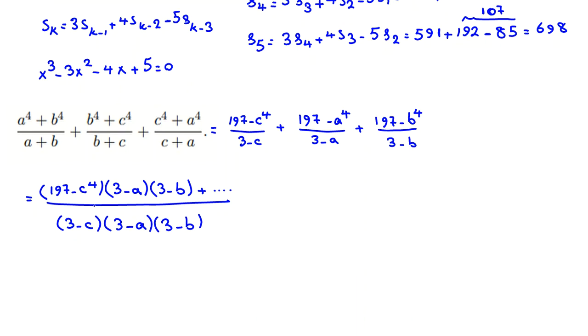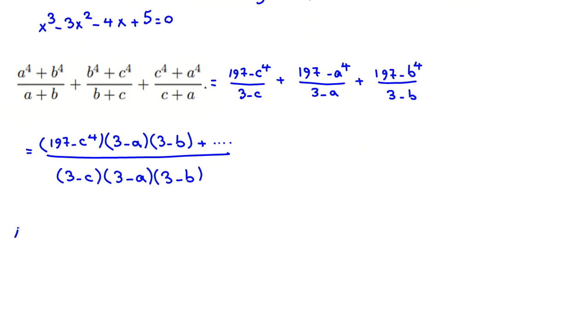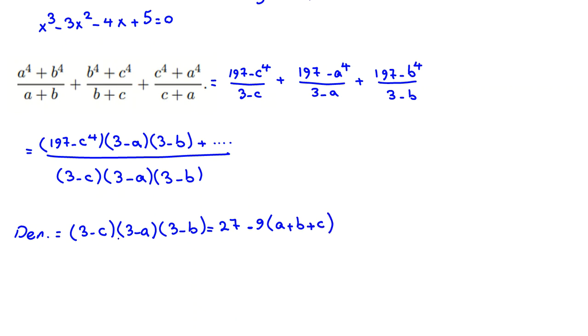So let's focus first on the numerator. The denominator is easier, so let's calculate the denominator first: 3 minus a, 3 minus b, 3 minus c. So 3 cubed is 27. Now 3 times, for example, negative b: if you factor out negative 9, it will be negative 9 times a plus b plus c. Then 3 times ab, ac, bc, you factor out 3: it will be 3 times ab plus ac plus bc.